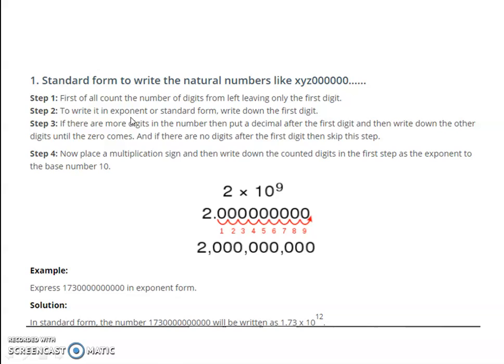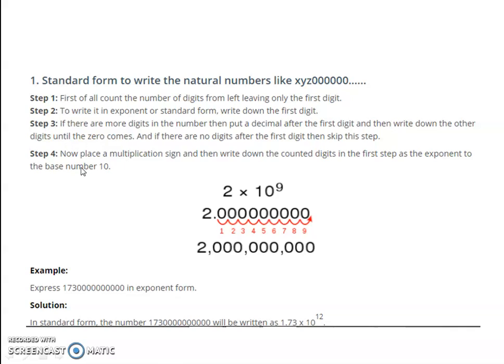To write it in exponent or standard form, write down the first digit. Here 2 was the first digit, so we wrote 2. If there are more digits in the number, then put a decimal after the first digit and then write down the other digits until the 0 comes.